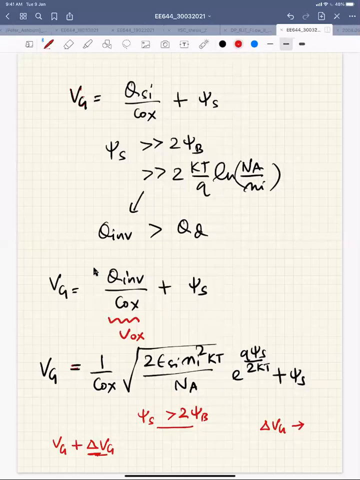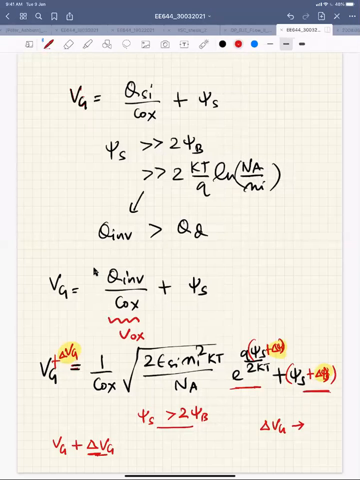So psi s becomes psi s plus delta psi s in both terms. I am giving some delta Vg, so I am increasing delta psi s, but if you look at these two terms, this has an exponential dependence on delta psi s, and this has a linear dependence on delta psi s.